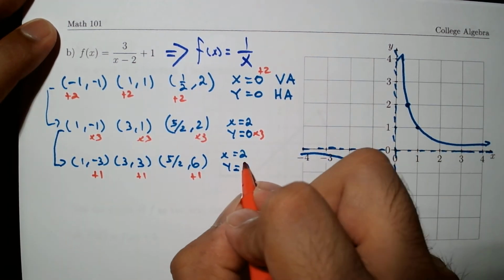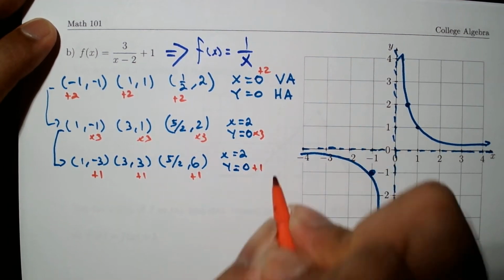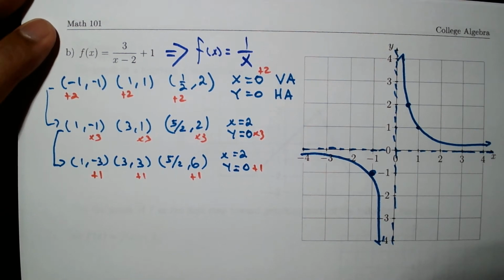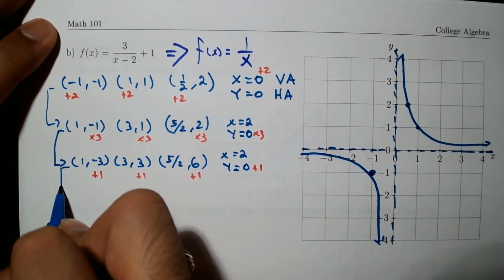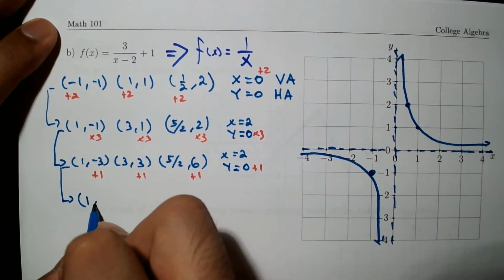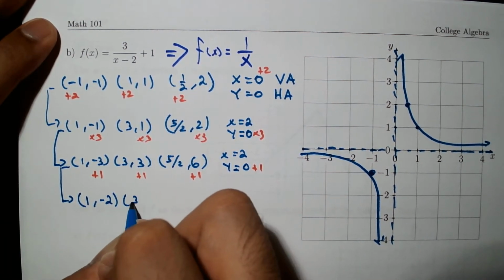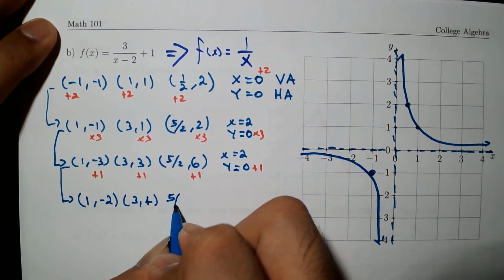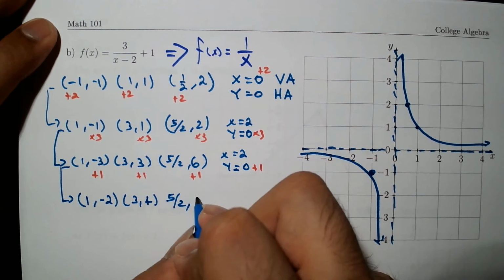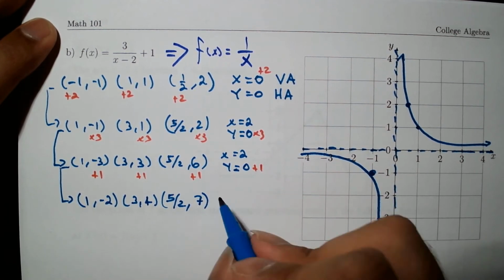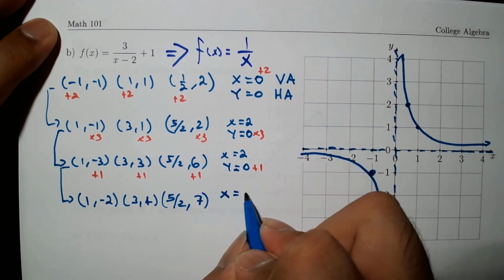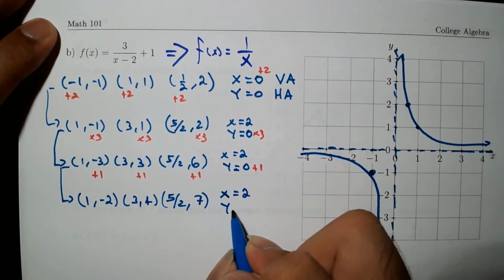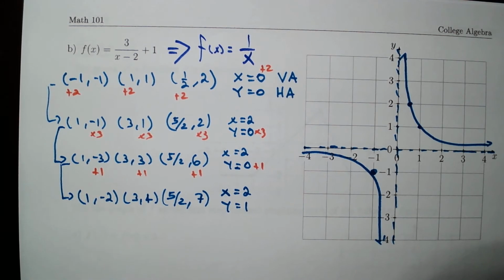The horizontal asymptote gets 1 unit added again. So we're going to obtain the following points: (1, -2), (3, 4), (5/2, 7), and the vertical asymptote remains x equals 2 and the horizontal asymptote becomes 1. Okay, so I will use green for these new values.